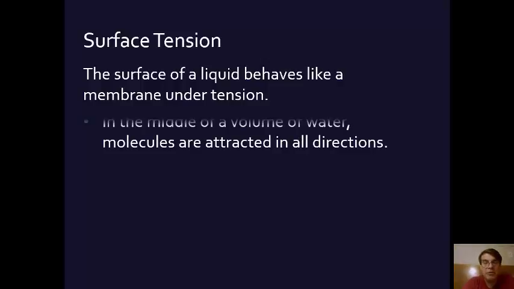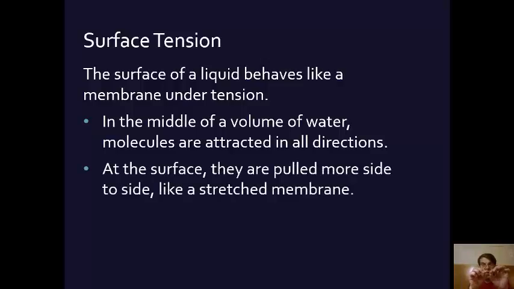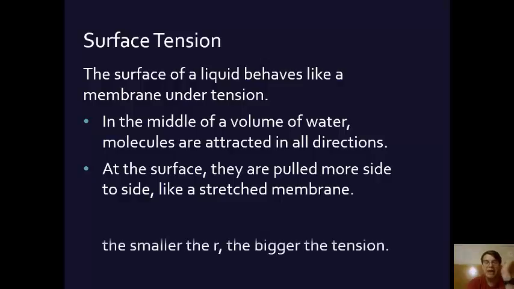The reason for this is, in the middle of a volume of water, the molecules are attracted in all directions. But at the surface, they're being pulled more in the surface direction. So they're not being pulled up. All that attractive force can be focused on the molecules next to them, and it functions a little bit like a stretched membrane.